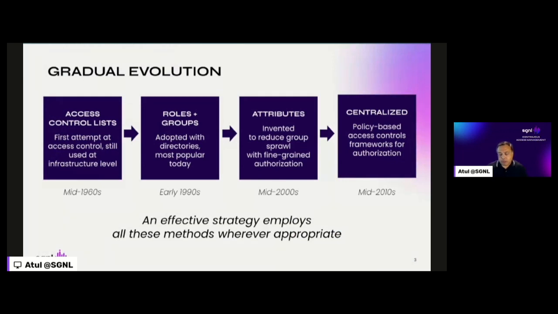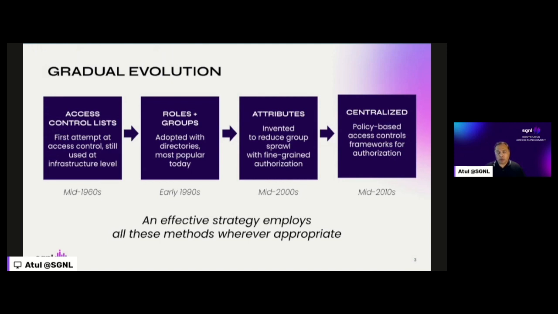So just to recap what we said in the last LinkedIn Live, access control has many different ways of doing things, all the way from access control lists to the newer centralized way of doing things, and then you have RBAC and ABAC somewhere in between. But the important thing to note is that there's no one size fits all, right?